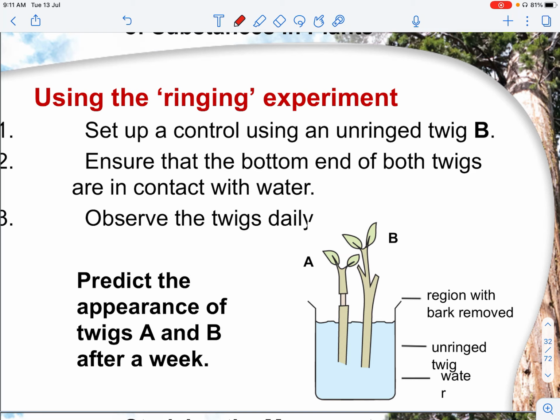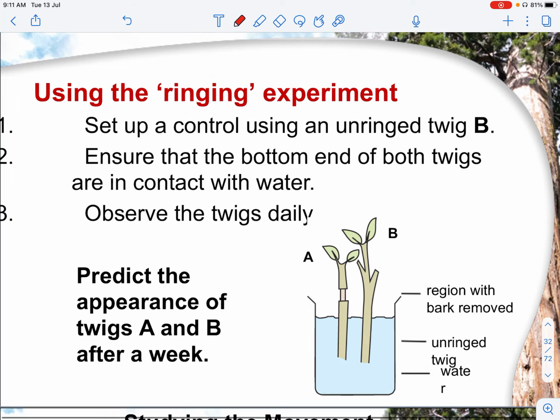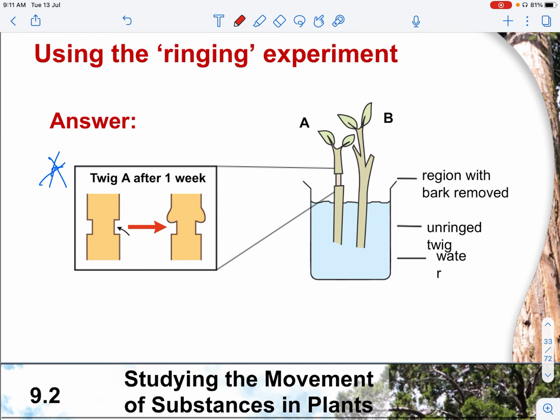What will happen is water can still be transported up. However, the phloem is no longer available. So while the top part of the plant can still undergo photosynthesis because of the presence of the leaves, you'll realize that the sugar for A will tend to accumulate at the top and form a bulge, whereas for B there is no such bulge.